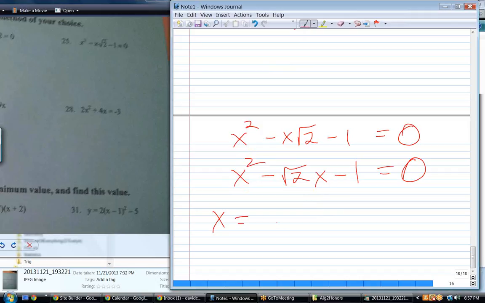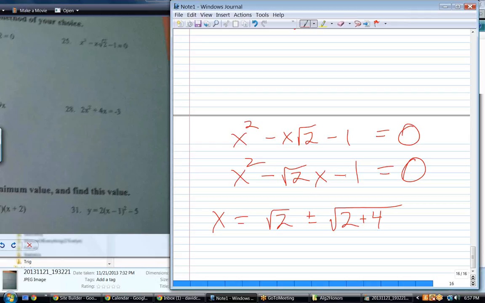So what's x equal to? x equals root 2 plus or minus the square root of 2, or plus or minus root 2 minus 4 times, or just minus 4. Which turns into a plus 4, right?